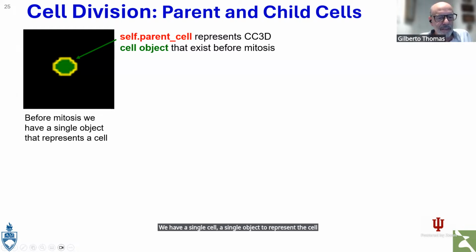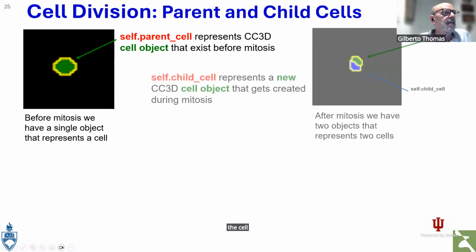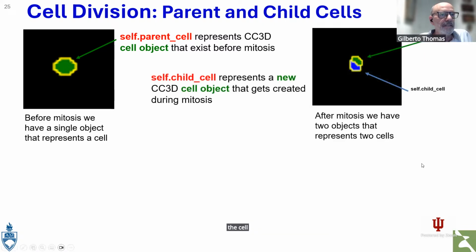Then the cell divides. When it divides, we have the parent, see, I am keeping the cell that I say continues to be the parent, and the child cell is the blue one.